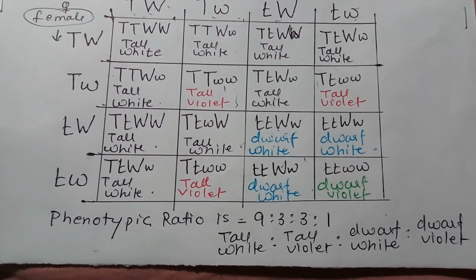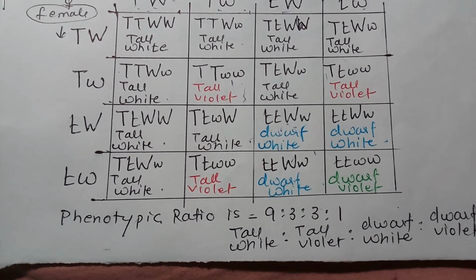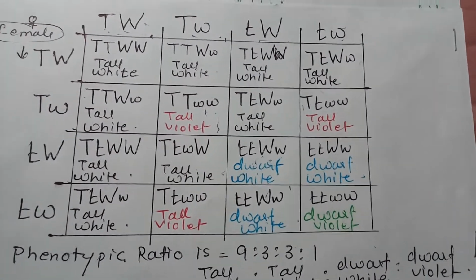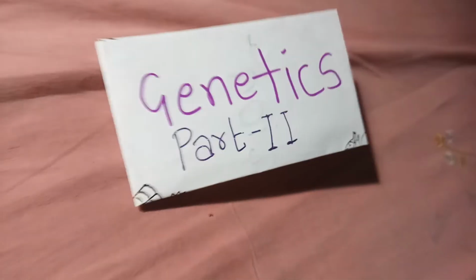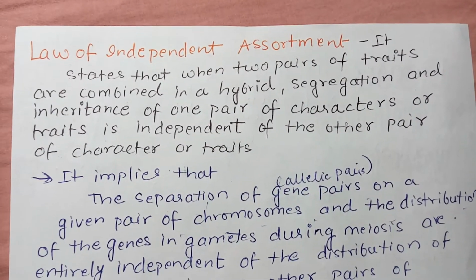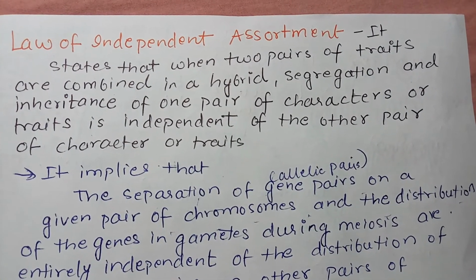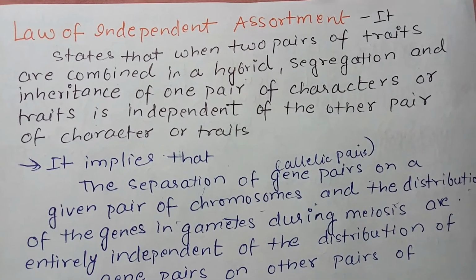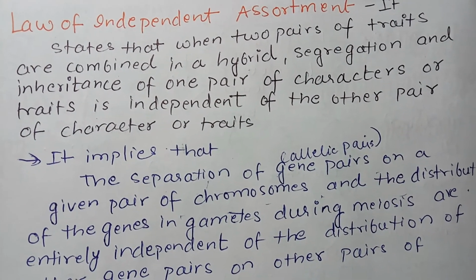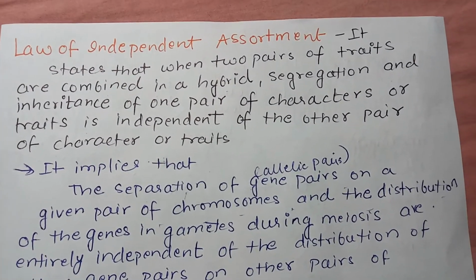Whereas if you look at the genotypic ratio, it will be a little complex, like 1:2:2:4:1:1:2:1. So we are not going into detail of that. According to the law of independent assortment, it states that when two pairs of traits are combined in a hybrid, segregation and inheritance of one pair of characters or traits is independent of the other pair.